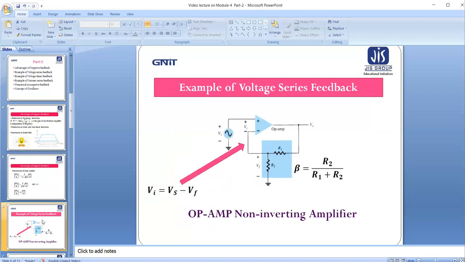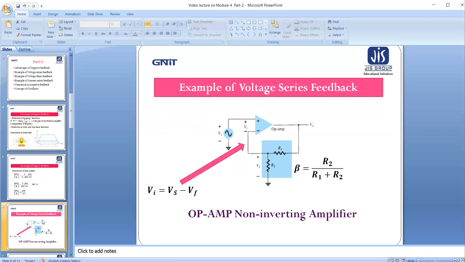Next, we are going to elucidate the practical circuit of voltage series negative feedback. In the last module, we demonstrated the basic block diagram of the voltage series feedback, the derivation of the voltage gain, and the effect of negative feedback on input as well as output impedance.